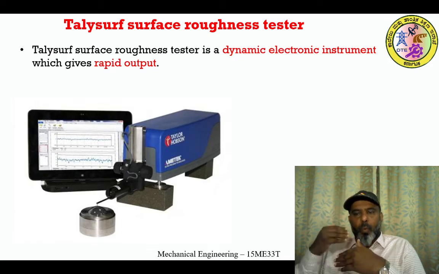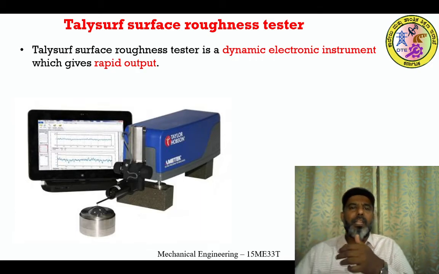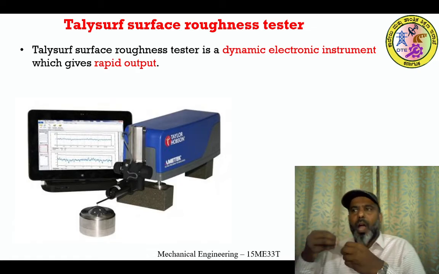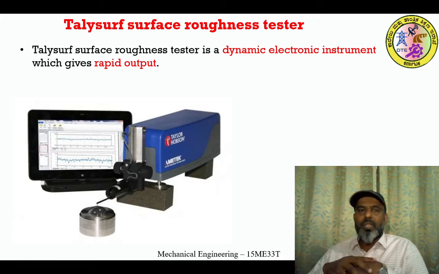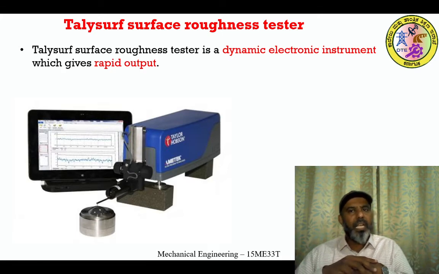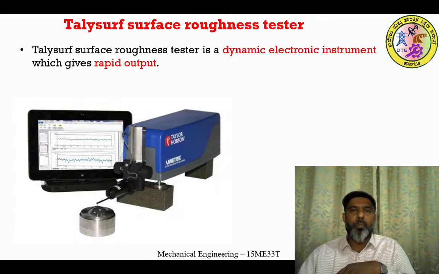It means while there is continuous movement in the instrument, it gives the output rapidly. Continuous output will be there. That is the meaning of dynamic. Therefore, a Talysurf surface roughness tester is a dynamic electronic instrument which gives rapid output.